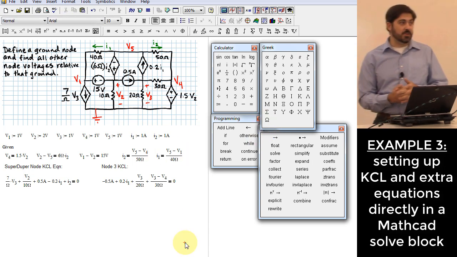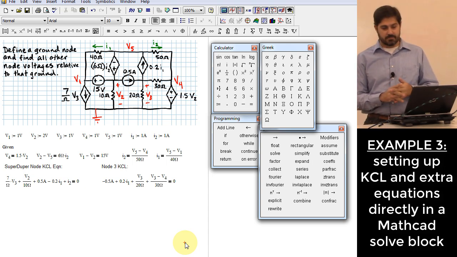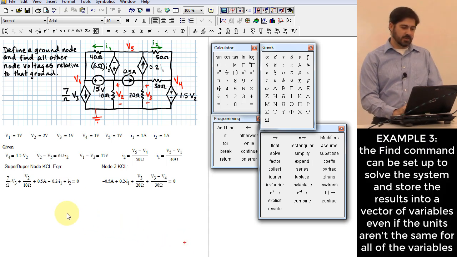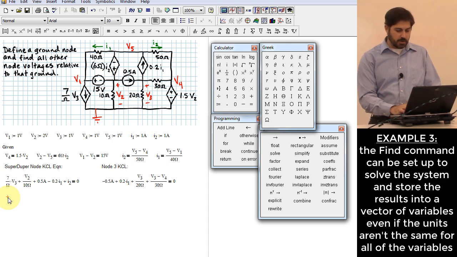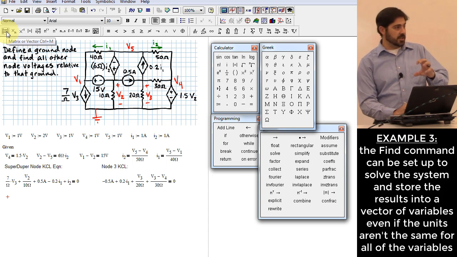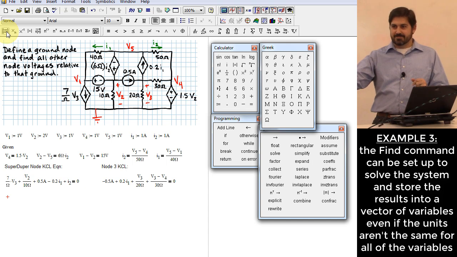I now have 7 equations, and I have 7 unknowns. Are we ready to go for broke here? Okay. The way you want to do this, since I'm doing all these with units, it's important when you try to solve this, it doesn't like it if you have mismatched units in your variables and you just do like find equals. Okay?